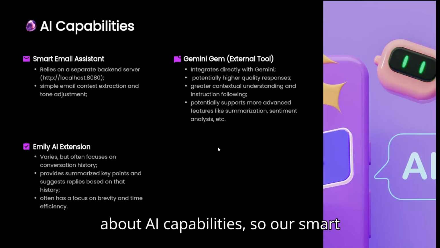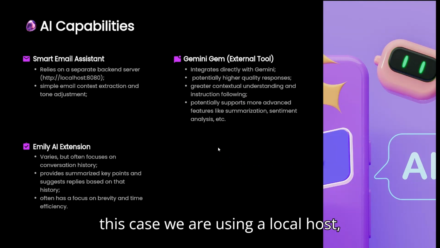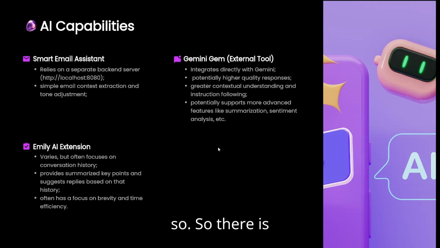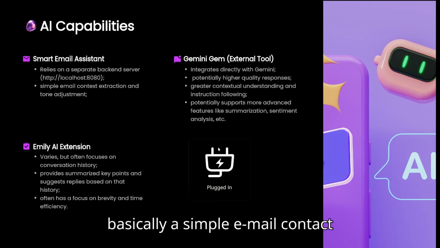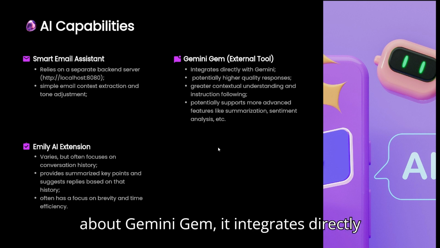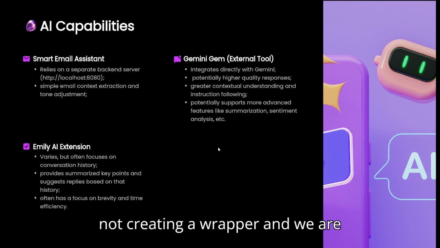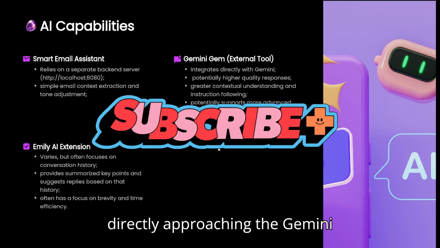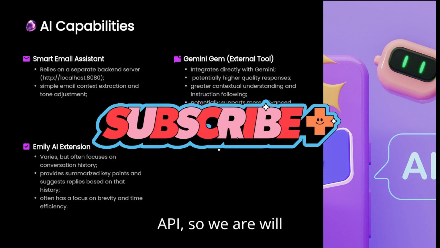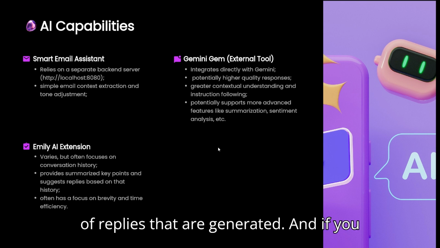Talking about AI capabilities, our smart email assistant relies on a separate backend server. In this case, we are using a localhost. So there is basically a simple email content extraction in our case. When we talk about Gemini Gem, it integrates directly with Gemini. Since we are not creating a wrapper and we are directly approaching the Gemini API, we will potentially get really good quality and really fast replies.